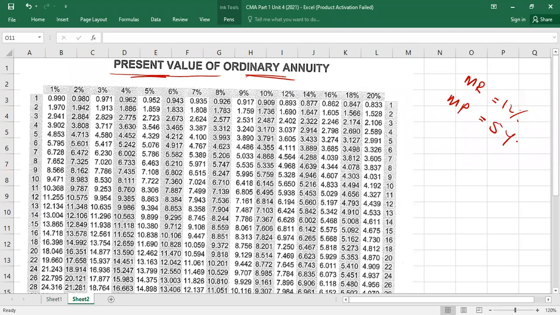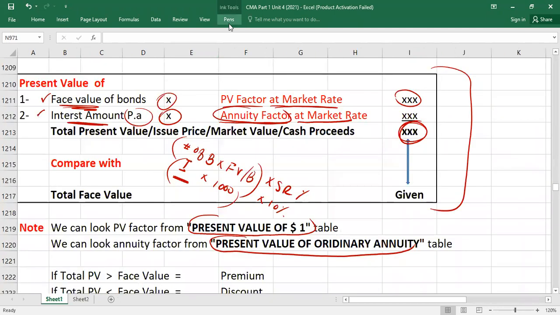For example, 5 years. It could be any interest percentage and any number of years. So in this table I go to the 12% column, and for 5 years I look here. This is 5 years. I will pick this value, 3.605. Understood? From this table you will pick it and bring it to the main formula.